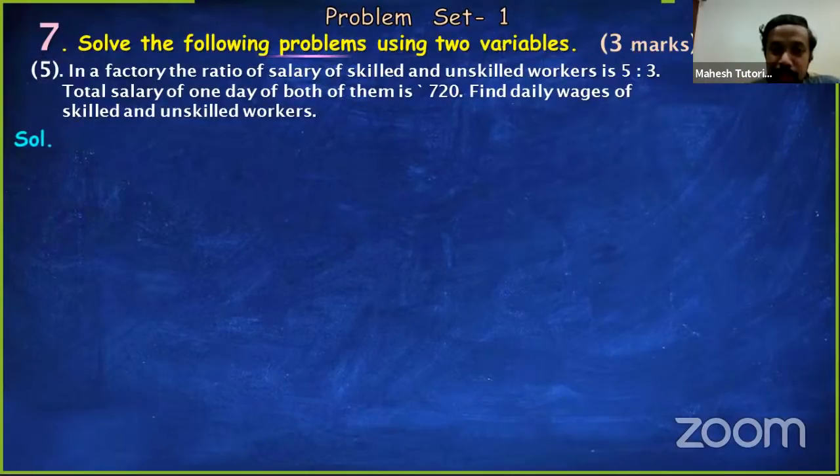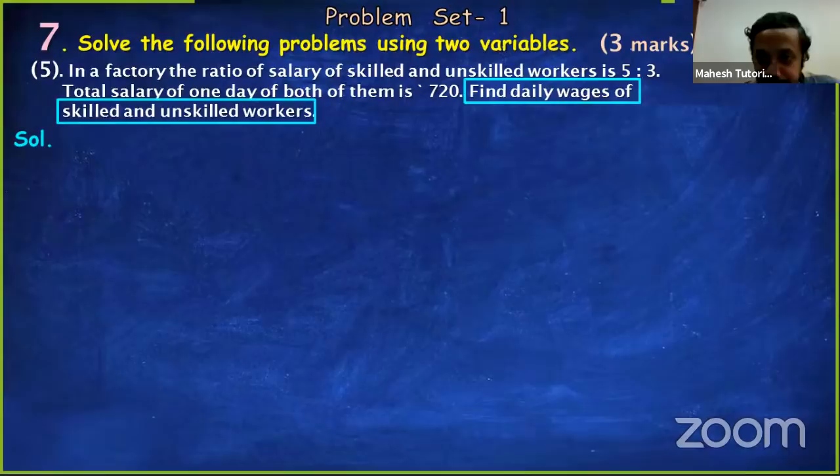Now, students, in this question, again focus on the last statement which has been given to us. The question here is asking us to find two things: daily wages of skilled workers and daily wages of unskilled workers. तो हमें दो चीज ढूंढना है. Now, since we are supposed to find two things, let us assume one as x and the other one as y.